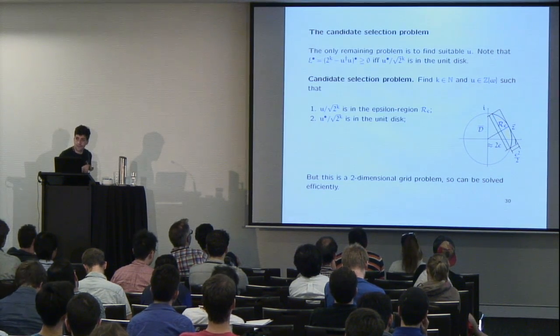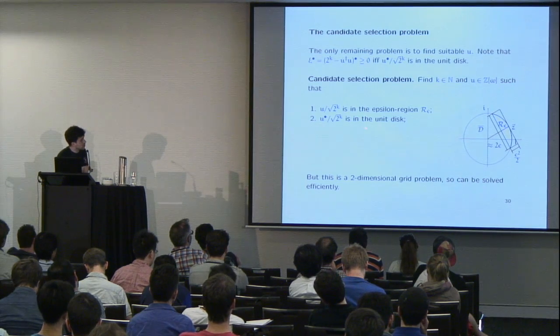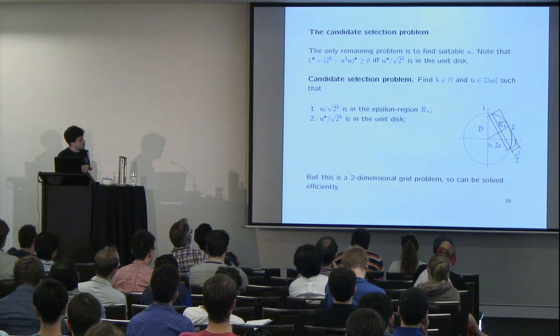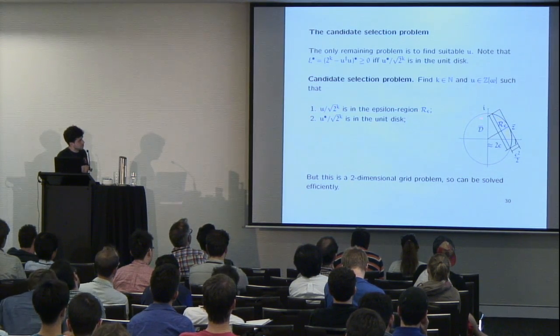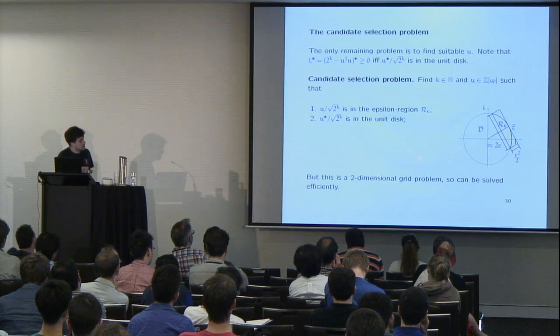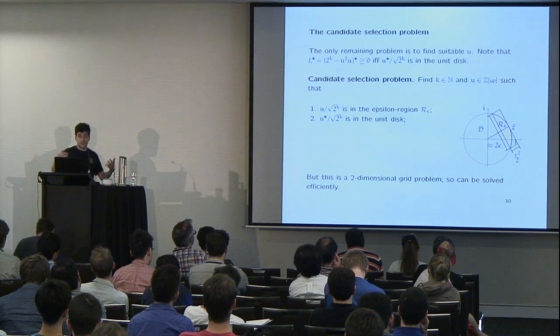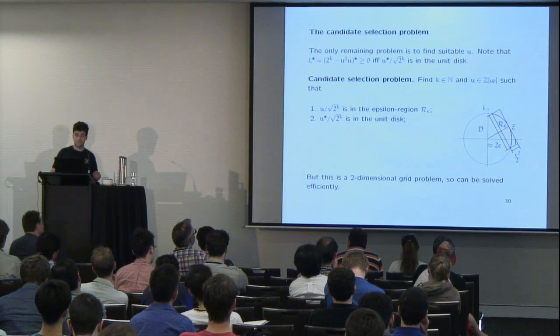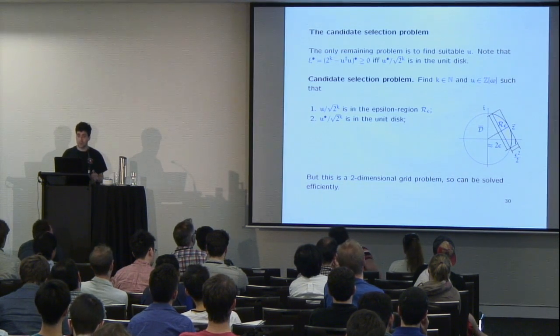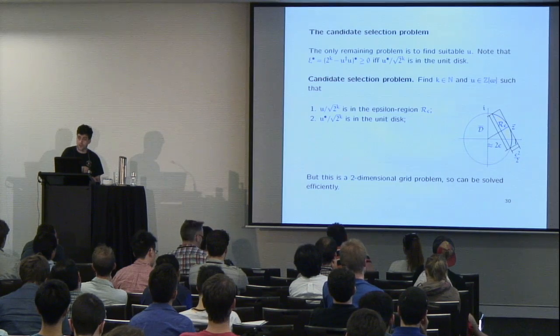So finding candidates is really just finding a u in Z[omega] and a k such that u over square root of 2 to the k is in the epsilon region, here in blue, and u bullet over square root of 2 to the k is in the unit circle. And this is just a two-dimensional grid problem with a little scaling. But it's a two-dimensional grid problem, so we know how to solve them from the first part of the talk.